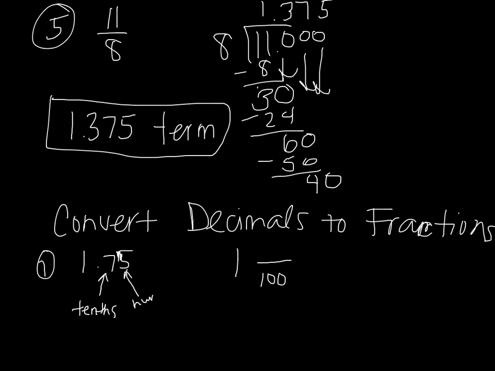This is the hundredths. Okay, so we know that place, it goes out to the hundredths, so I know I can put over 100. How many hundredths do I have? I have 75 of them. Now I just need to reduce. I know I can divide 75 by 25, 100 by 25, so I would get 1 and 3/4 for my fraction.